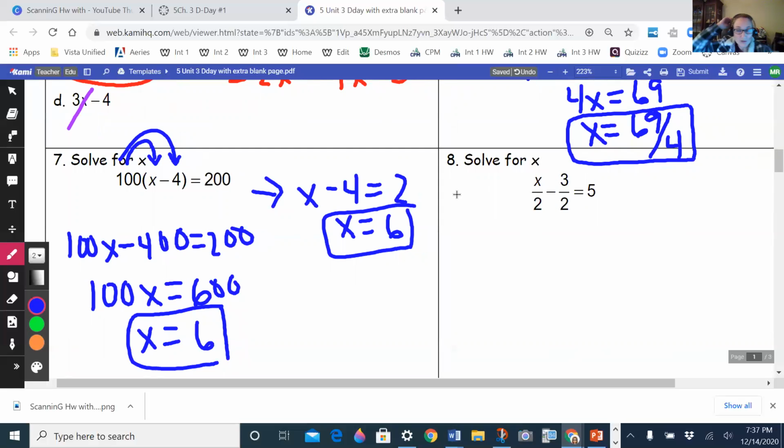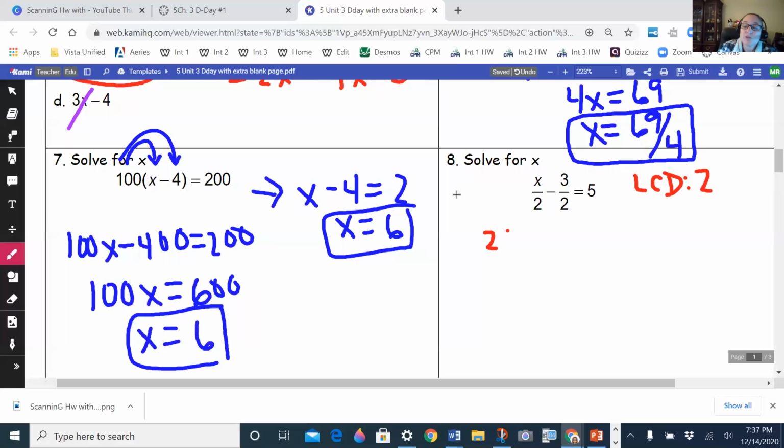On this problem, I am going to fraction bust is probably what I'm going to do for this. There's a couple different ways you can do it. Let's say we fraction bust. And again, I want to multiply by the LCD, which in this case is 2, because that's the only denominator I have.